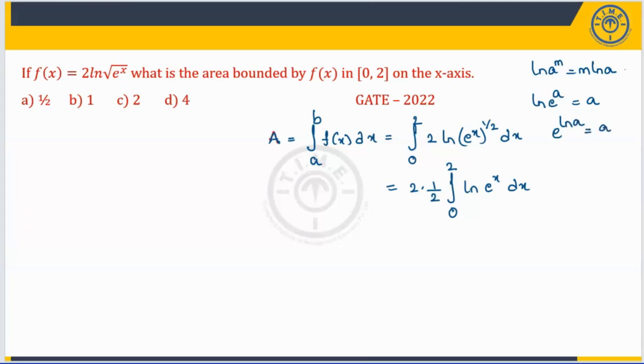So log of e power x is x. So finally you are left with only x dx. Integral x, x square by 2. Limits are from 0 to 2. And that is 4 by 2, which is 2 square units.